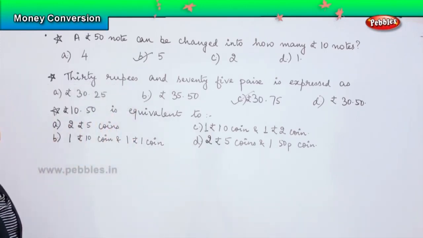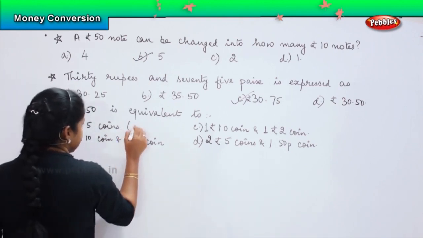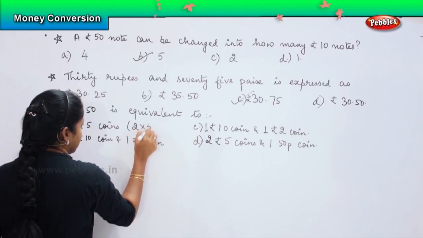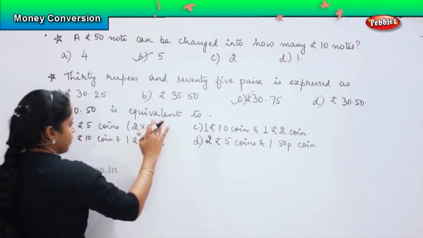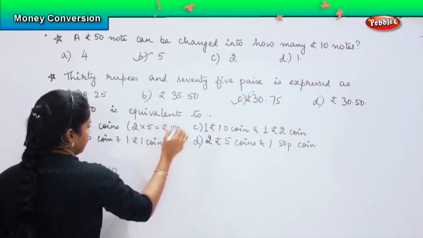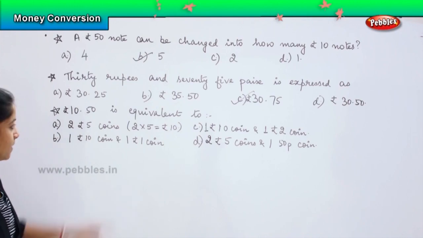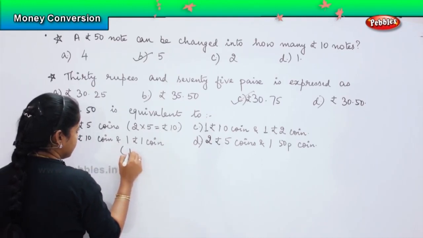So first thing, we will change it into multiplication form. So it says that 2 5 rupee coins. Okay. So 2 5 rupee coins will give me how much? 2 into 5 is 10. So I get rupees 10. So is this my answer? No. The second one says 1 10 rupee coin.